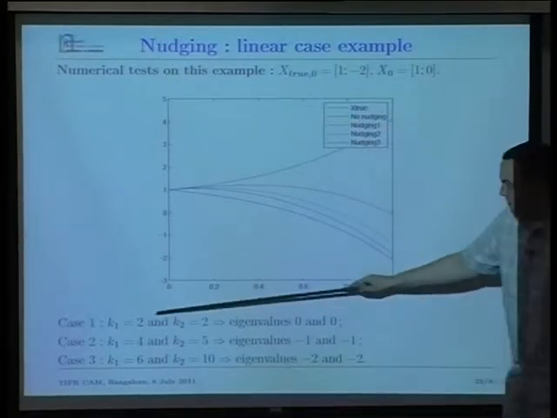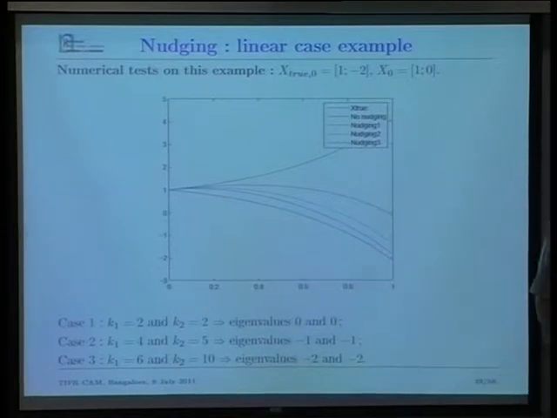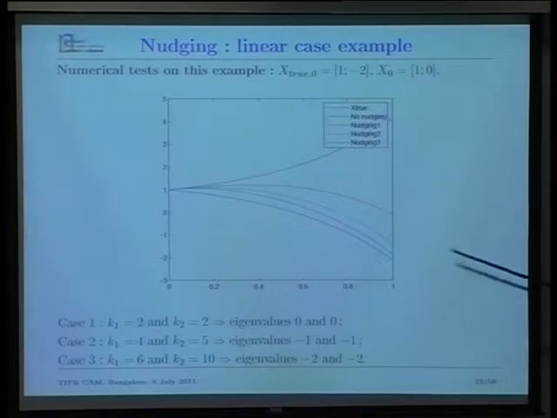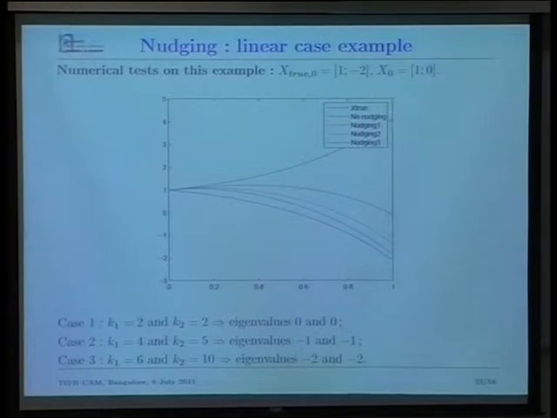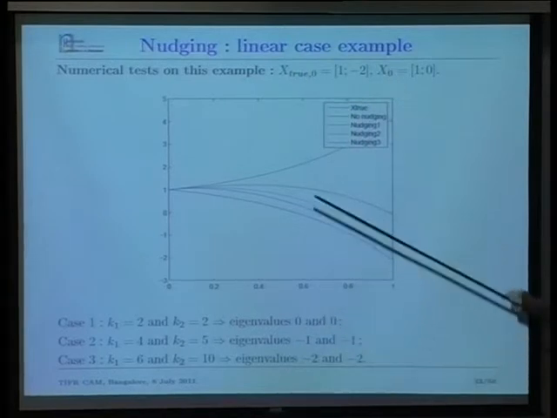Then if we use these two coefficients, k1 and k2, for the nudging matrix, in this particular case, the eigenvalues of F minus KH are 0 and 0. So the error remains more or less constant between the two solutions.